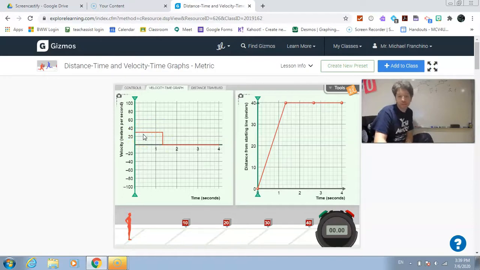If you find the area under that, 30 times 1.3, I'm assuming it's 1.3333. 30 times 1.333, so width times height, gives us 40. And that tells you your displacement. It tells you what your change in position was, from 0 to 4.